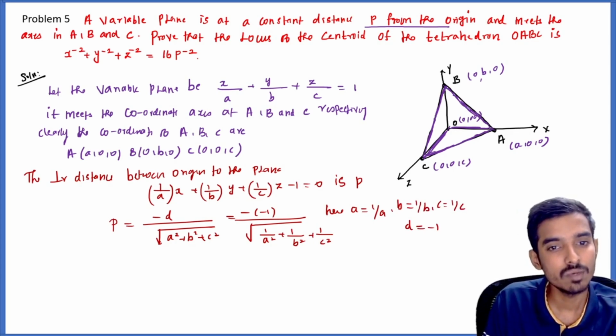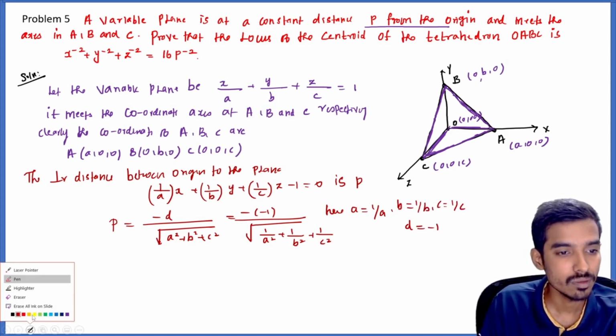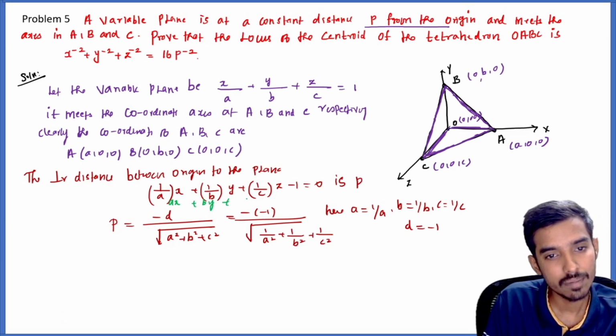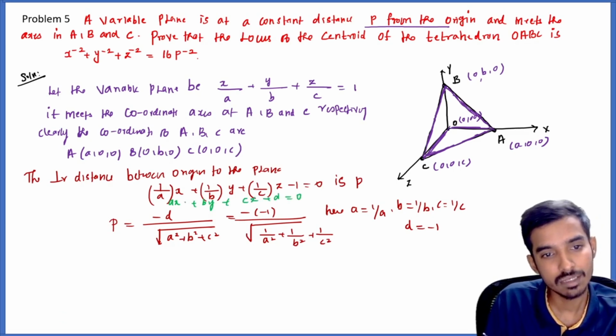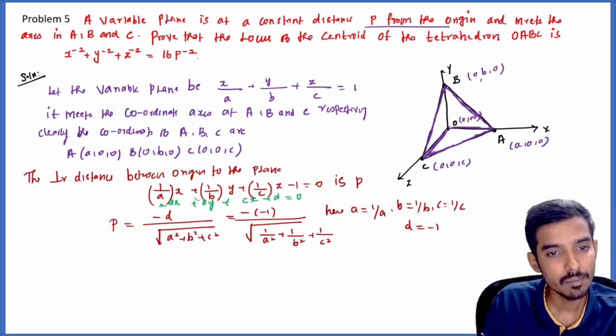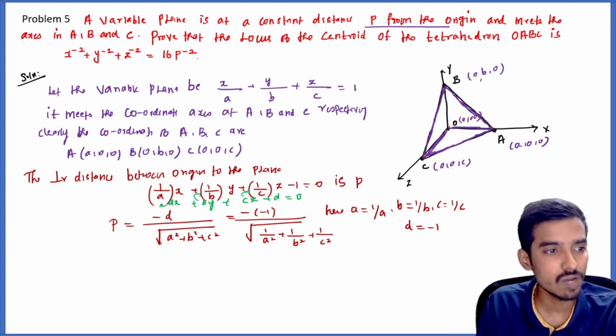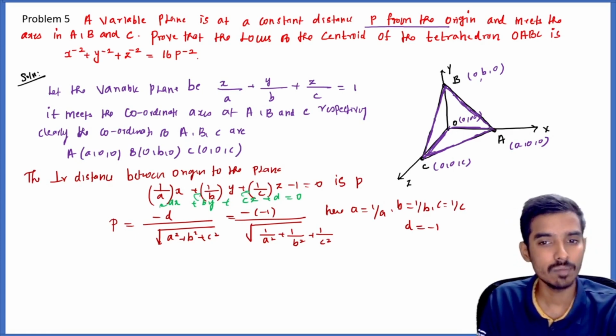I think you're getting my point, right? In the general formula Ax + By + Cz + D = 0, I'm substituting A, B, C to be 1/a, 1/b, 1/c, and D to be equal to minus 1.